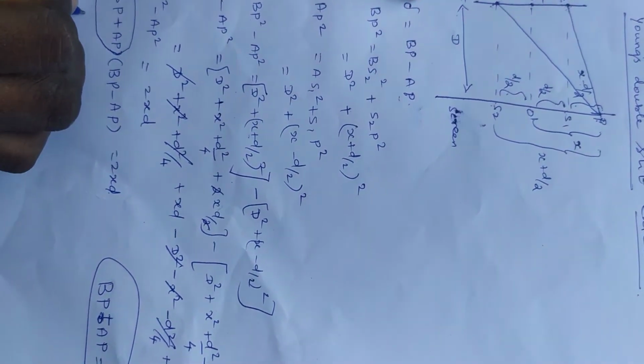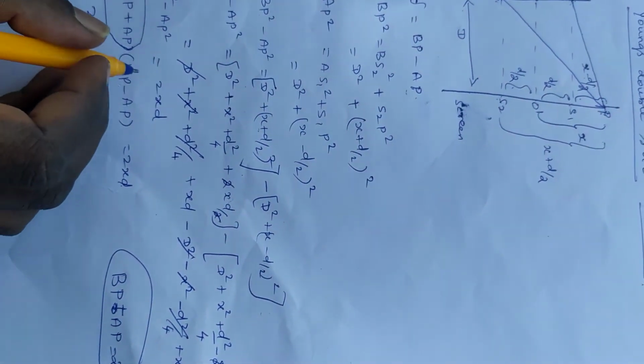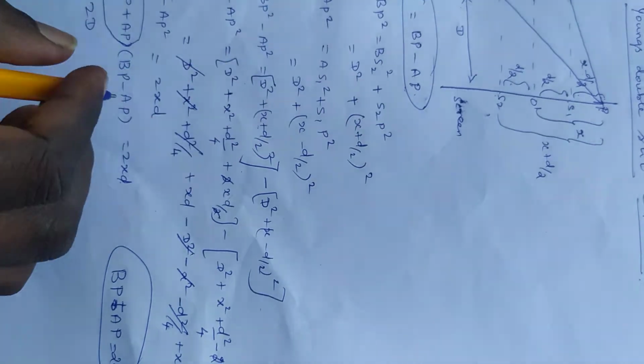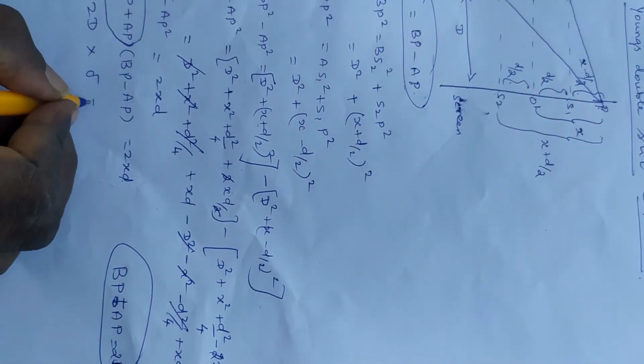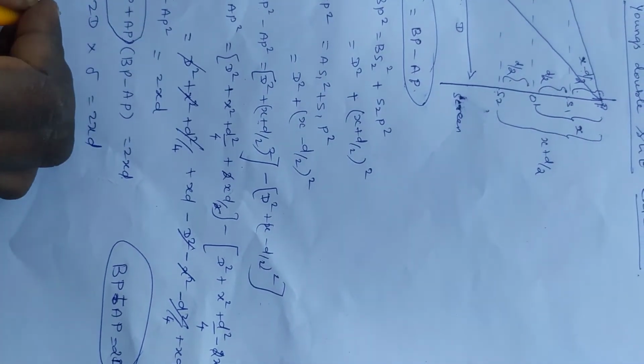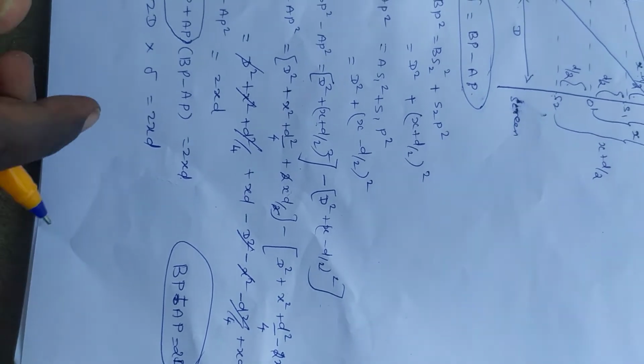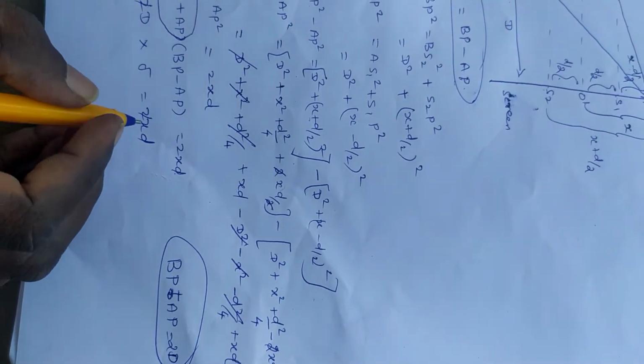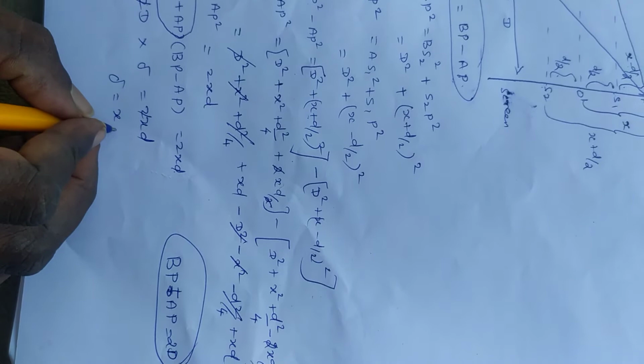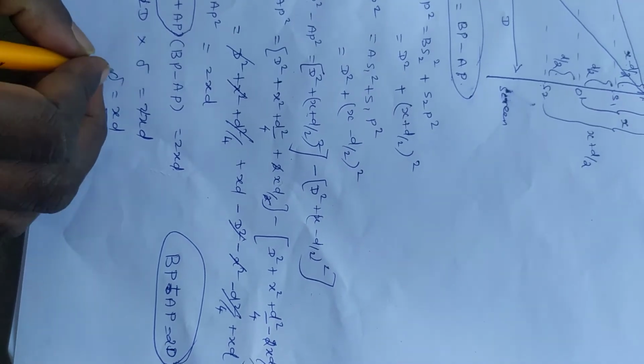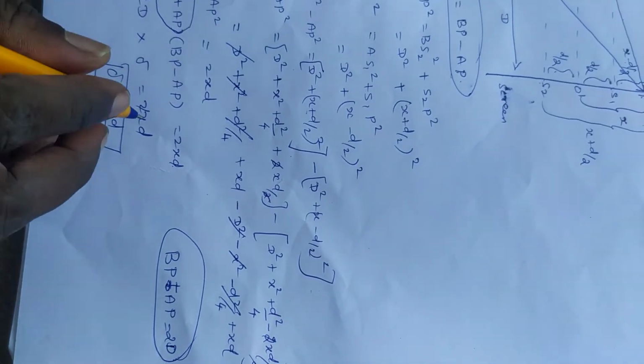Then substitute 2D. BP minus AP is equal to delta, so 2D into delta is equal to 2xd. The 2s cancel. Delta is equal to x small d divided by capital D.